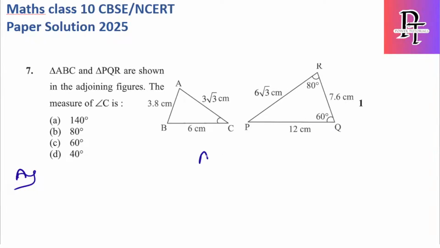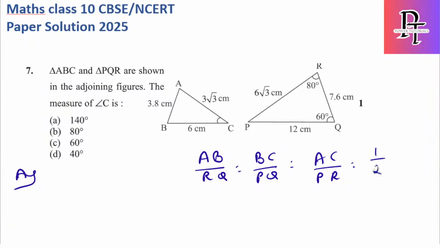So here I can see AB by RQ is equal to BC by PQ is equal to AC by PR. All are equal to what? It is equal to exactly twice. If the corresponding ratios are equal, then both the triangles are similar using the SSS property, where each side is proportional.